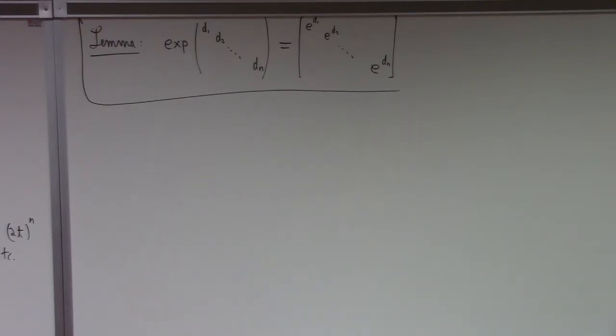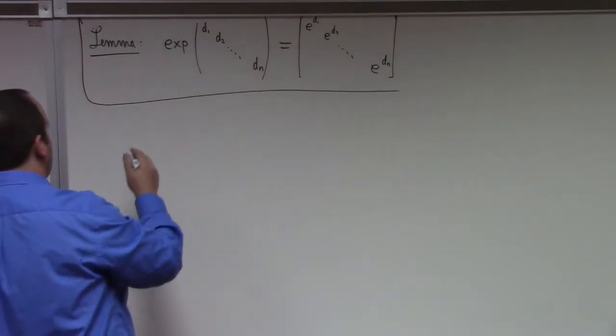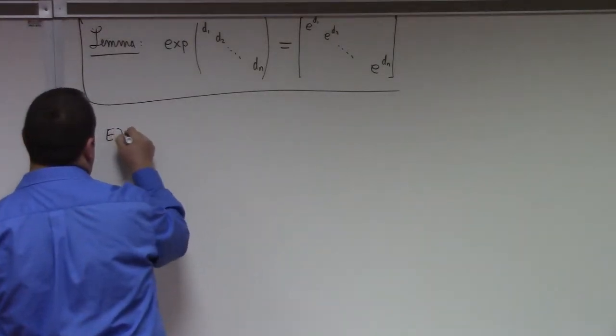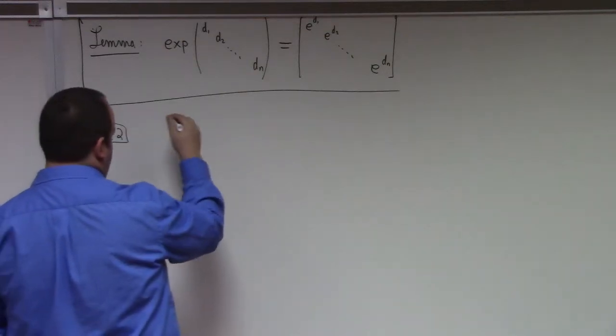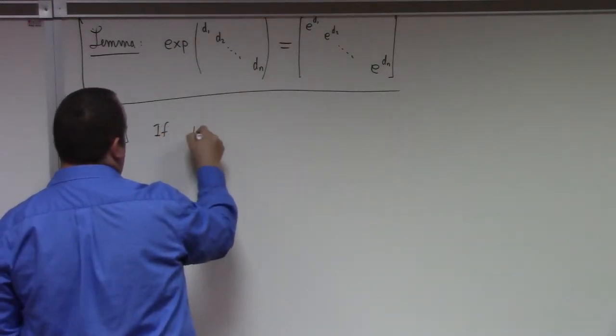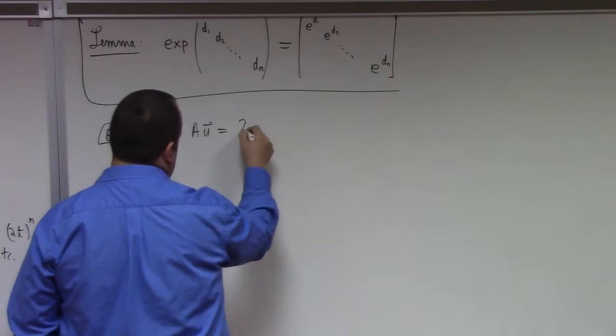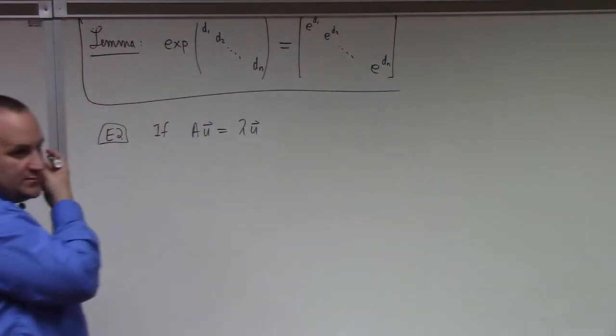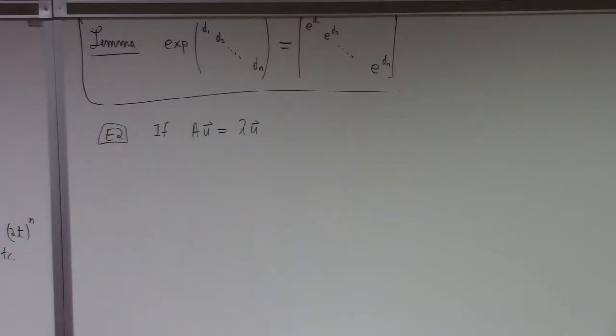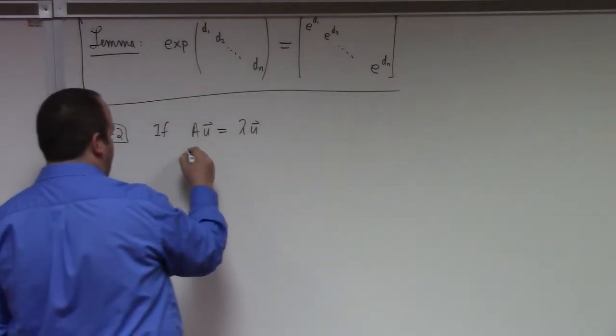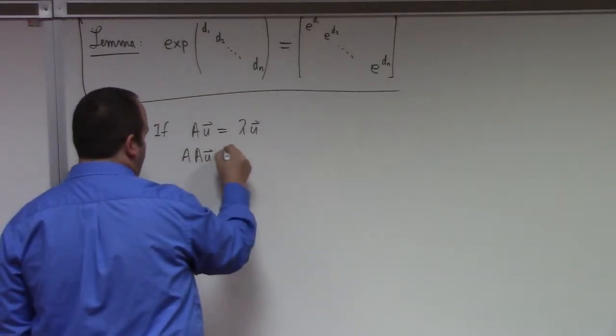Good? Make sense? All right. Example 2. What if we have A times u equals lambda u? What happens if I multiply this by A? What's A times Au?